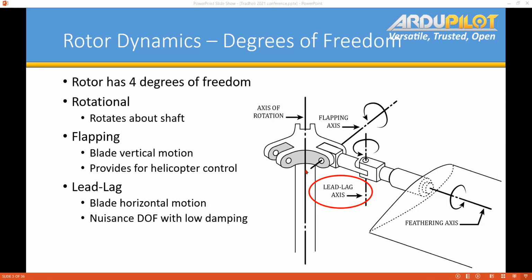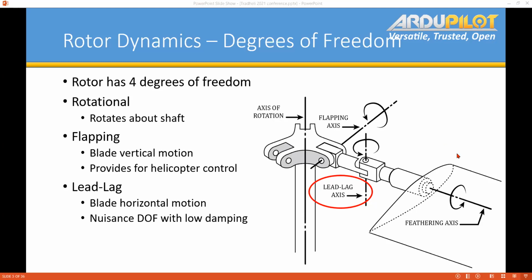It's a nuisance mode, but the reason we need it is that the blade, as it flaps up and down, changes the blade's moment of inertia as it spins around the shaft. As it gets closer to the shaft, the inertia decreases, and so the blade wants to spin faster. So it speeds up, and as it goes back out to the plane of rotation, it slows down.